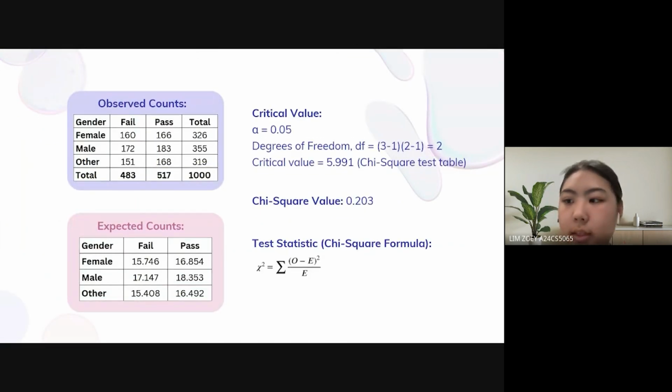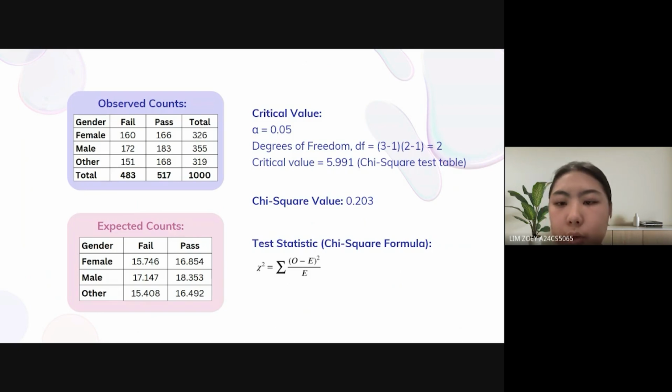So here's the contingency table, which summarizes the observed counts. For example, 160 female students failed, while 166 students passed. The totals are balanced across the genders. We use a significance level of 0.05 and degrees of freedom calculated as (3 minus 1) times (2 minus 1), which equals 2.